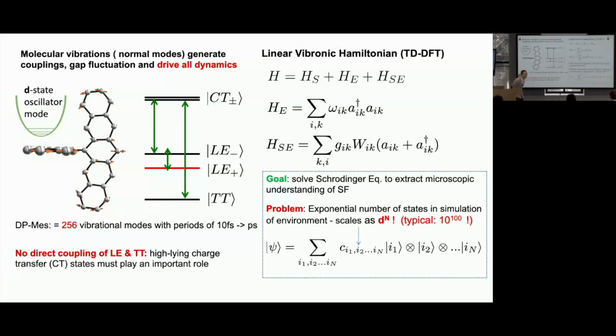Can I clarify something? So the way you've drawn this, if these are electronic eigenstates, then by definition they're never coupled, because they're the eigenstates of the electronic Hamiltonian. They're never coupled without the vibrations. Are you saying something more than that? No, that's absolutely right. This is a TD-DFT thing.